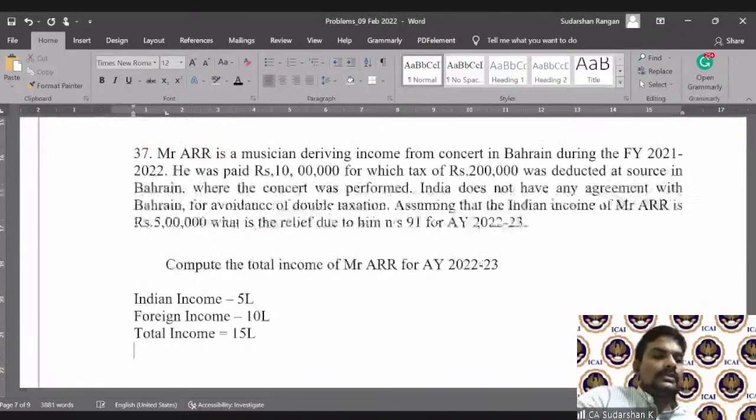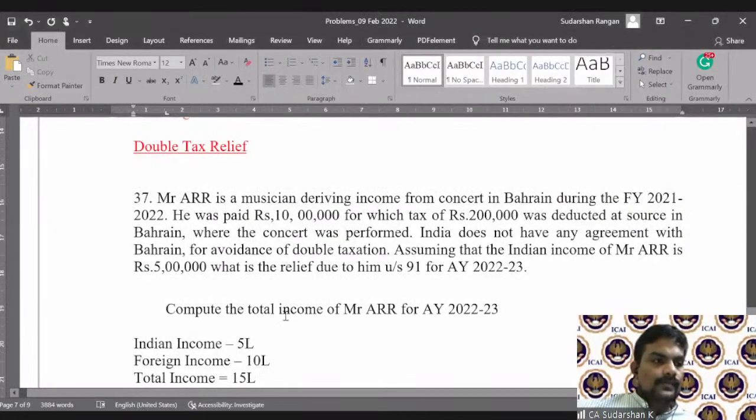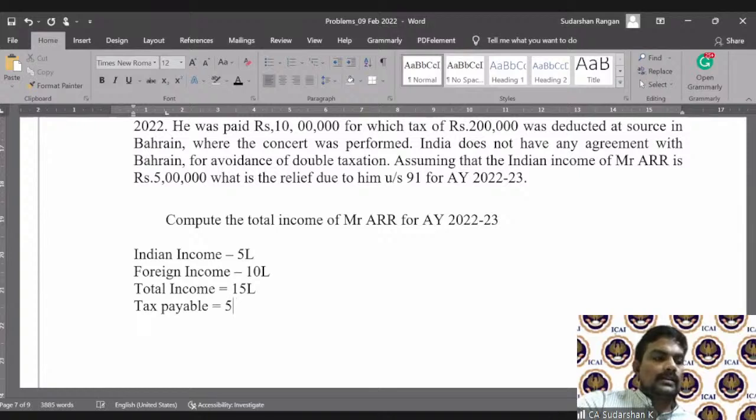So what is the tax payable? He comes under the highest slab. So the tax payable will be 5 lakhs into 30%, that is 1 lakh 50, plus 1,12,500.